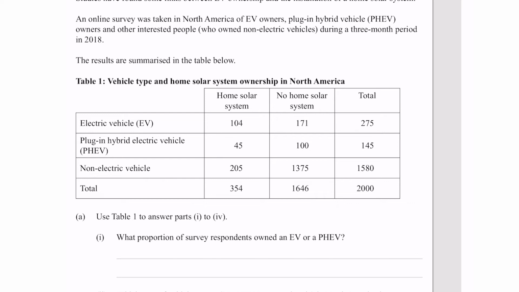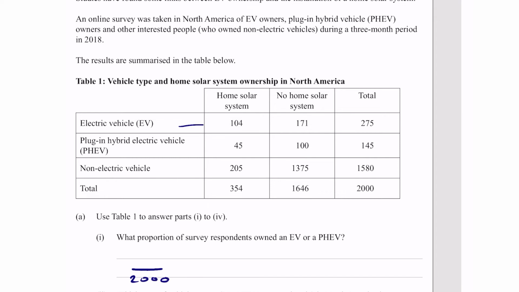What proportion of survey respondents? This tells us that we're looking at the total amount of people. So what's the total amount of people? It's 2,000, right? So out of 2,000 people, what's the probability that they owned an EV or a PHEV? Essentially we're going to consider the EV part first. So we look at the EV row, and we also want to know the total, because we're looking at the total number of people that owned an EV.